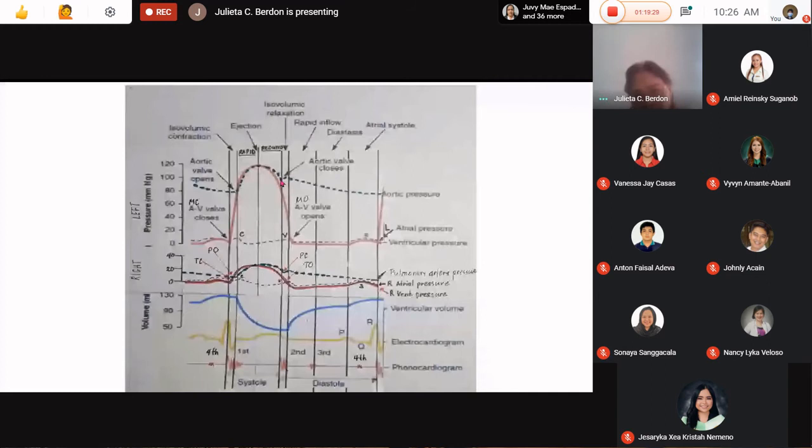So we call this the onset of relaxation. This is the start of isovolumetric relaxation.